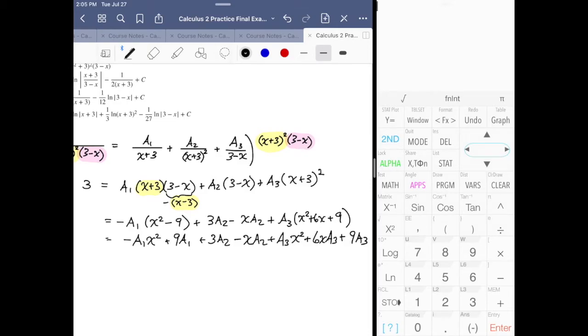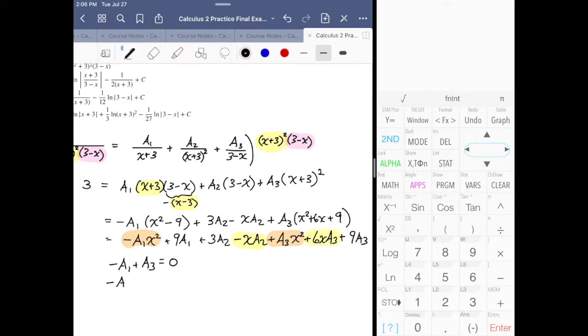Now, the x squared terms, there appear to be 2 of them, barring any algebraic mistakes. These 2 terms are going to amount to nothing because there is no x squared term on the left-hand side. The x terms also are going to amount to nothing.